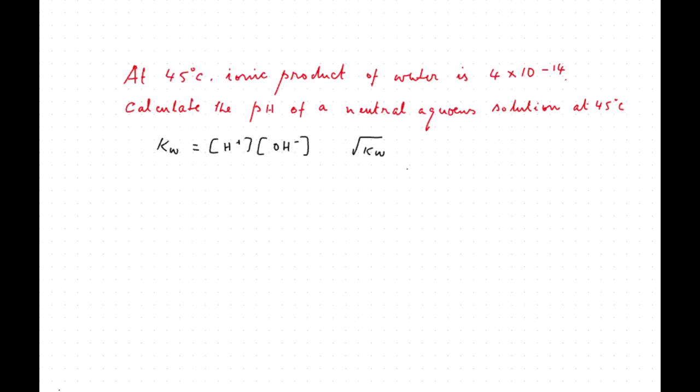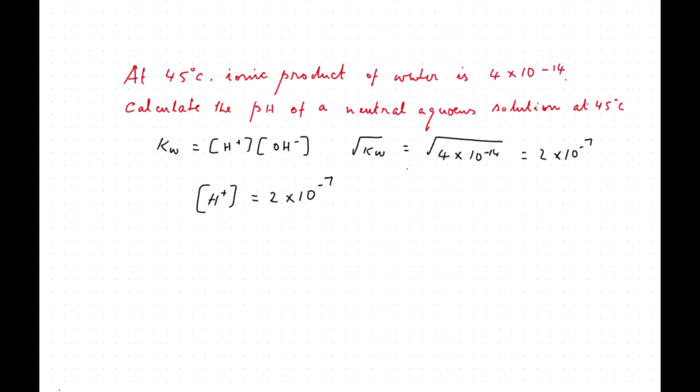So the square root of the ionic product of water, 4 into 10 power minus 14, is equal to 2 into 10 power minus 7. So H plus ion concentration at 45 degree centigrade is 2 into 10 power minus 7.